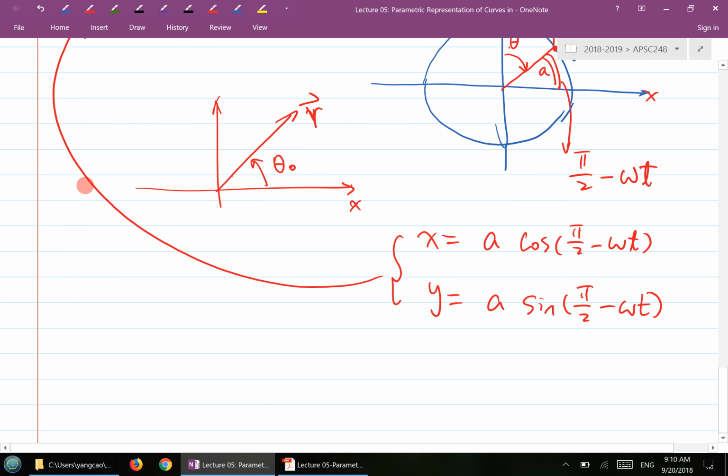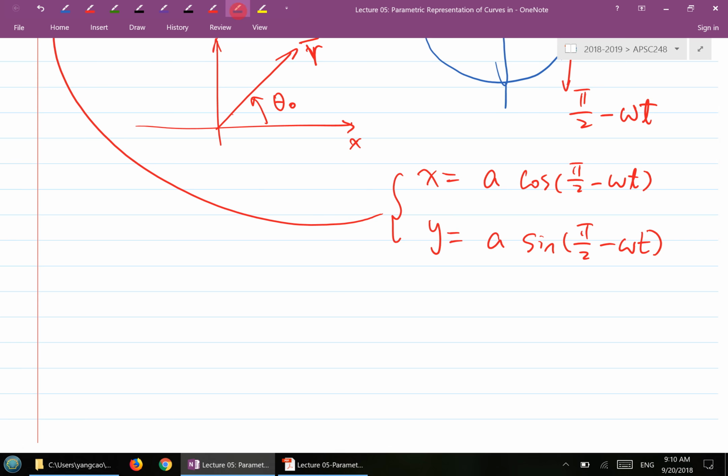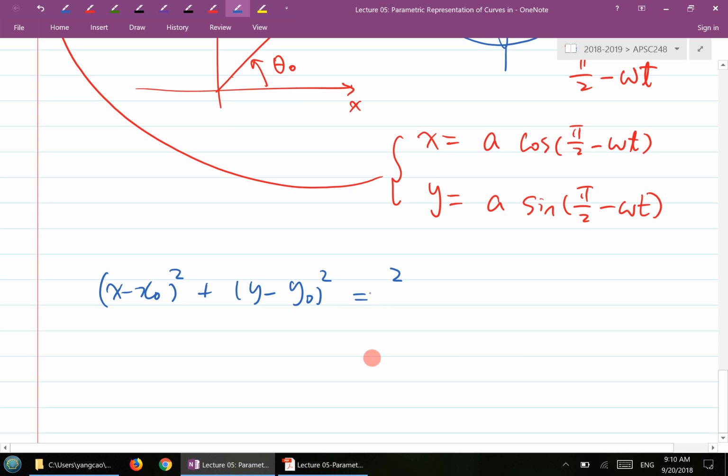Okay, excellent. So you can try to think about it yourself. If I have a different type of description, then what would be the parametric equation now? Now let's have another case study, for a circle. Here's another situation that is also very common.